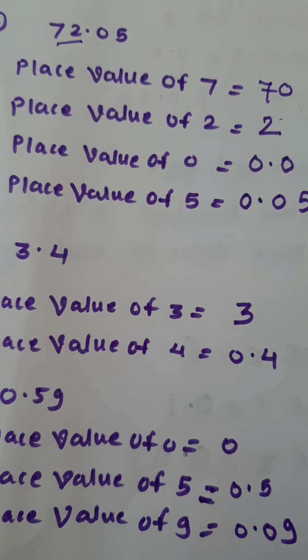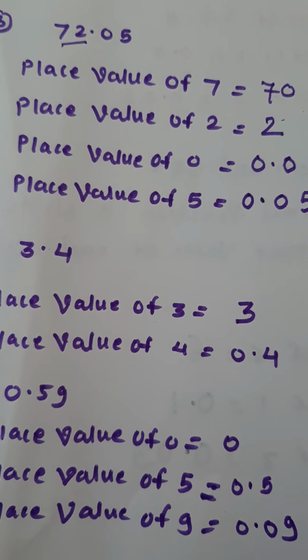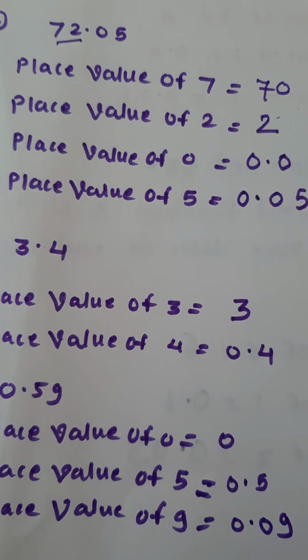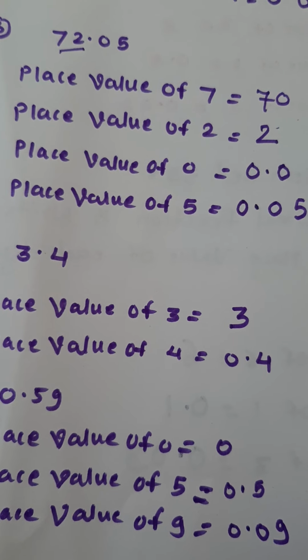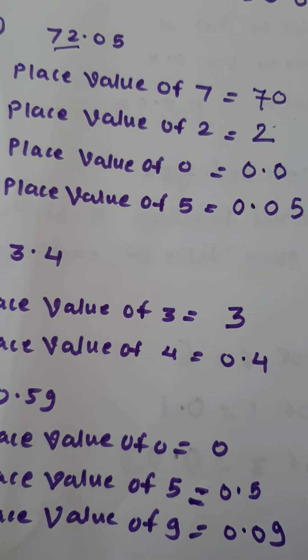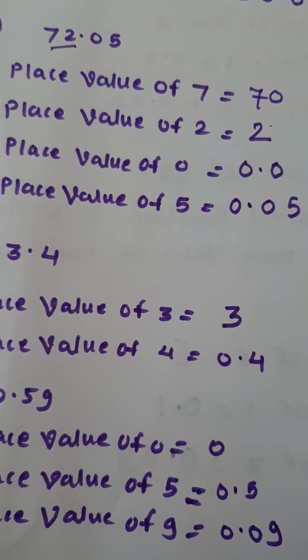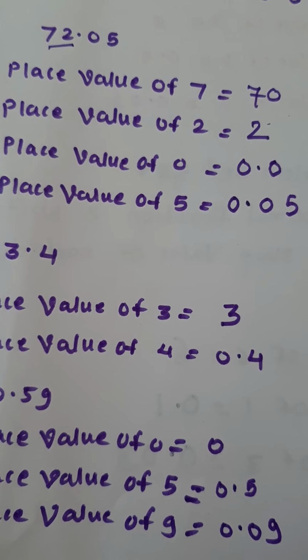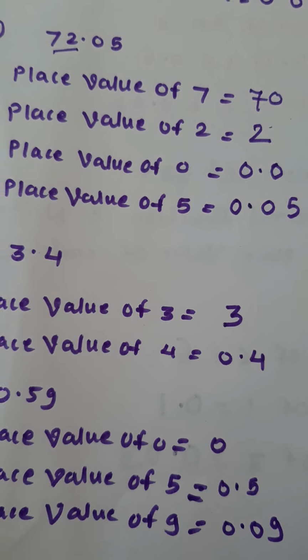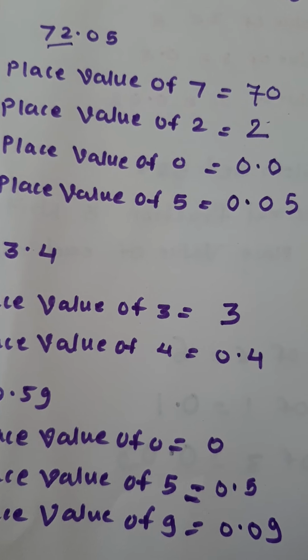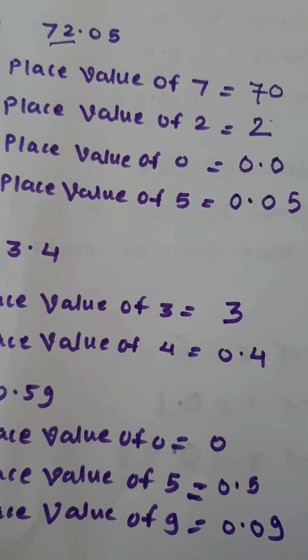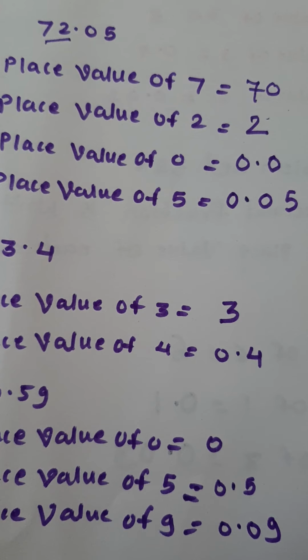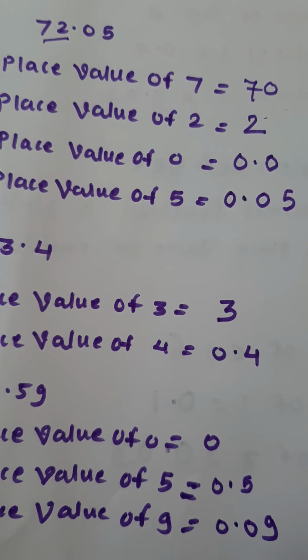Like this way, you have to remember how to write the place values of the decimal fraction. Before point they are the whole numbers, so use the same method as we regularly write the place values. And after the point first, second, third, I have already explained you. It's very simple. Do the practice and complete problem set 38.